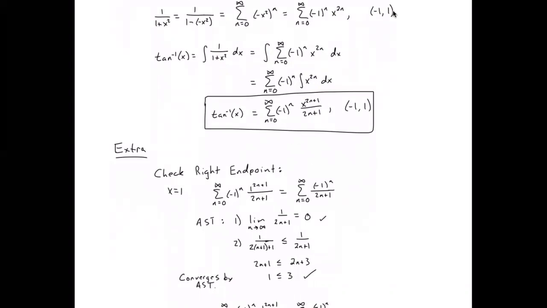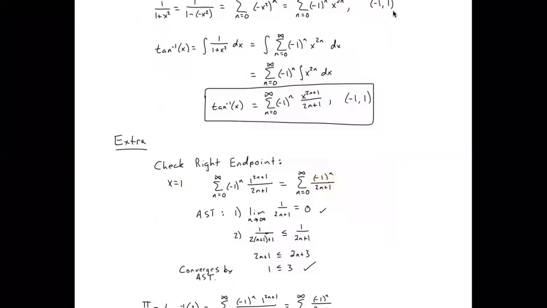So if we check the right endpoint and say that x is equal to 1, we substitute 1 everywhere there's an x in this power series. We have 1 to the 2n plus 1. That's a very easy thing to handle. And we just end up with -1 to the n over 2n plus 1.